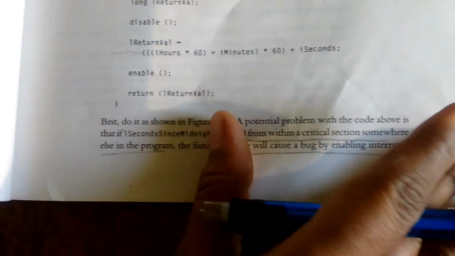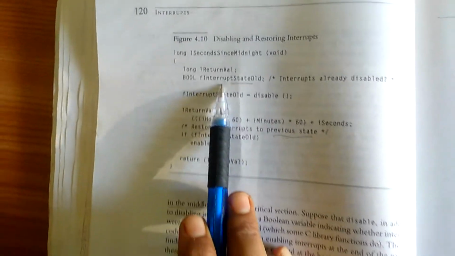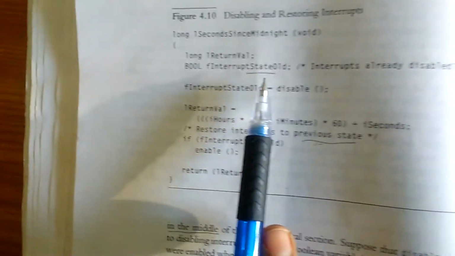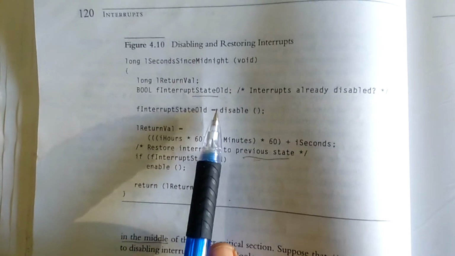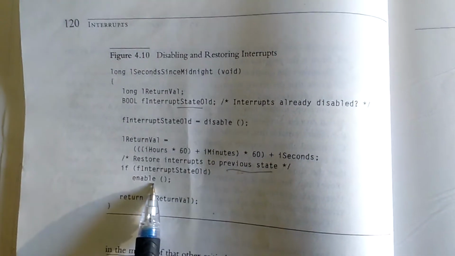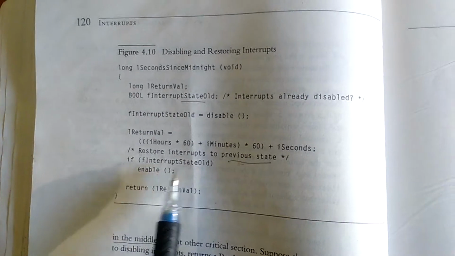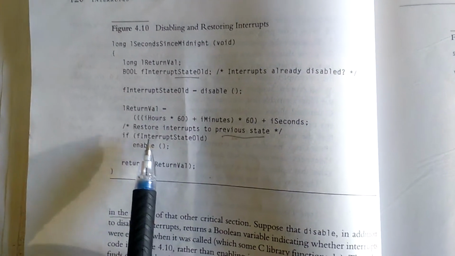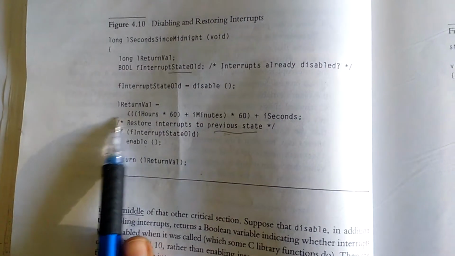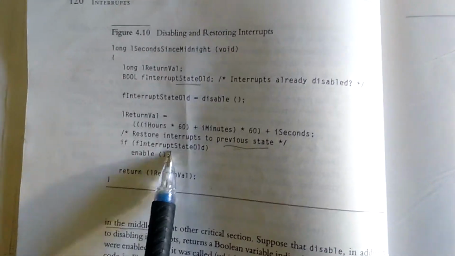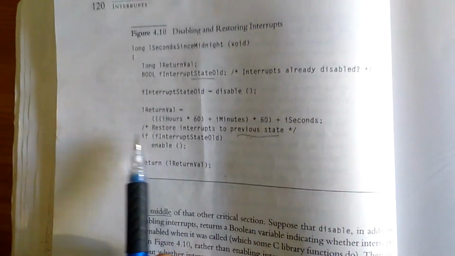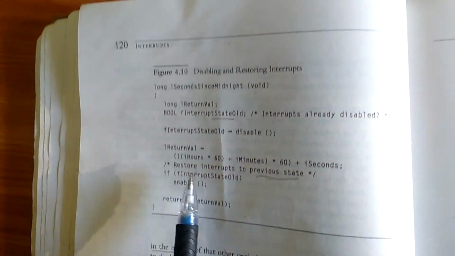To avoid that, we can use a Boolean variable, where we save the interrupt state, so that when we enable the interrupt, it restores the interrupts to the state prior to the occurrence of the interrupt. That means only the interrupts which were supposed to be enabled are enabled, not all the interrupts. This is the best solution for avoiding the shared data problem.